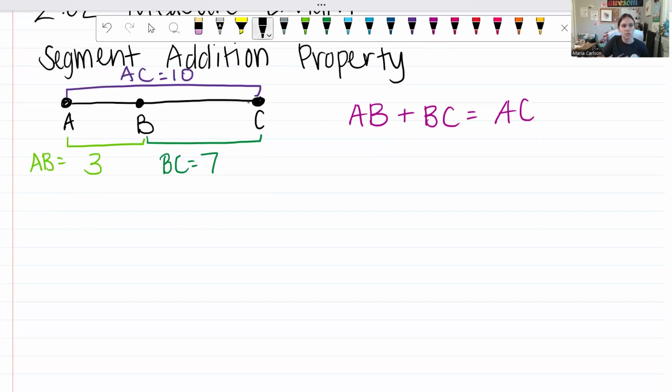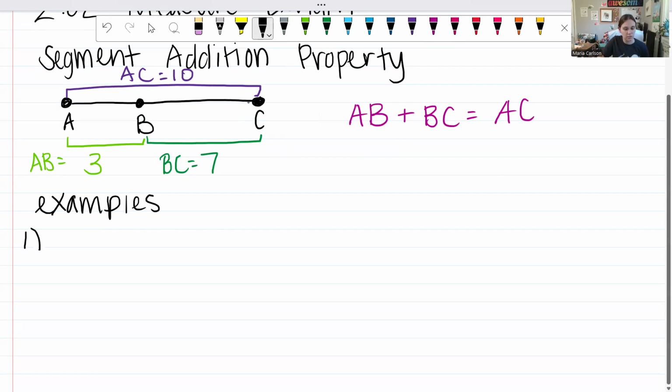Okay, so let's look at some examples. So example number 1, point Q is on segment PR.